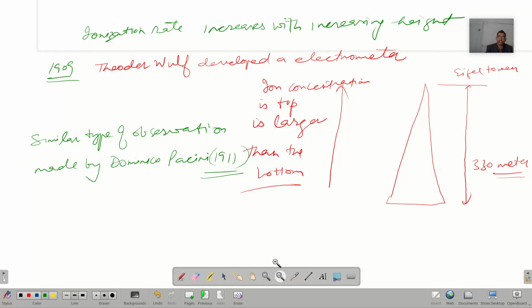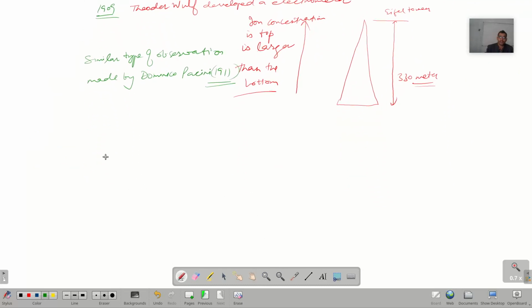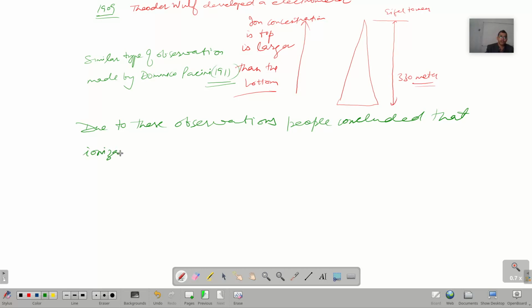So due to these observations, people concluded that ionization must be due to some other source, meaning it must be other than radioactivity.